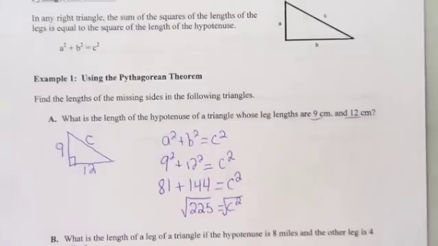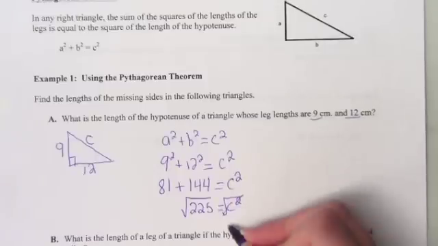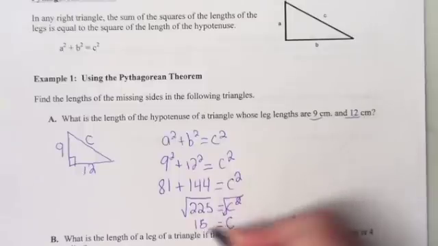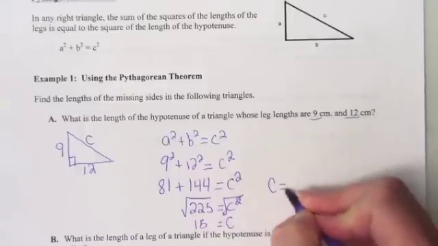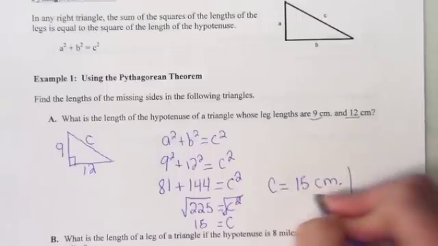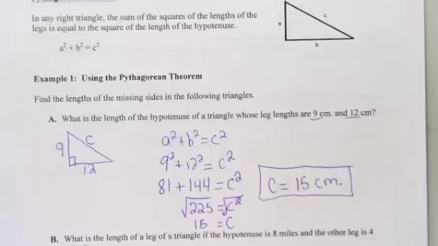When we take the square root of both sides, the square and the square root cancel and you're left with c. Then just take the square root of 225, which is 15. So we know that c, the hypotenuse, is 15 centimeters. And that's how we find the missing length using the Pythagorean theorem.